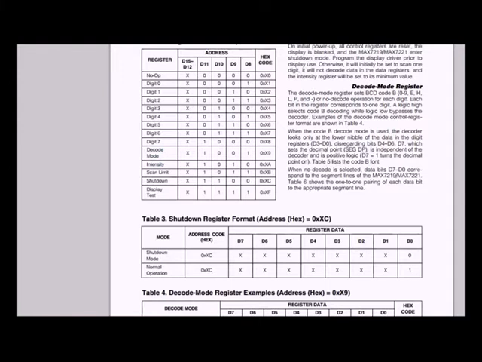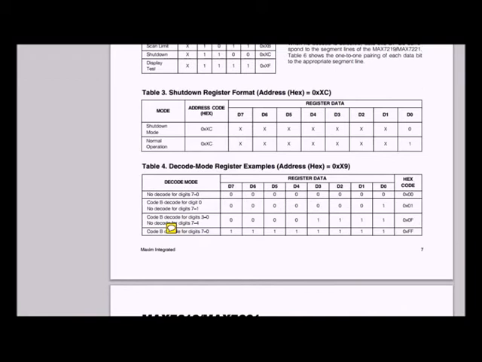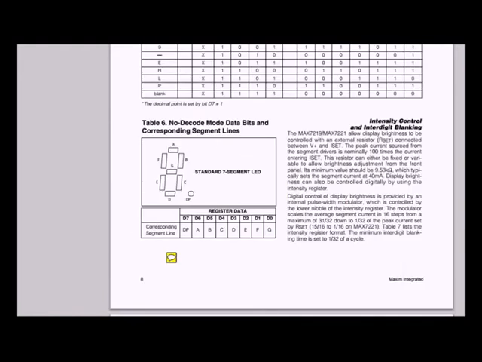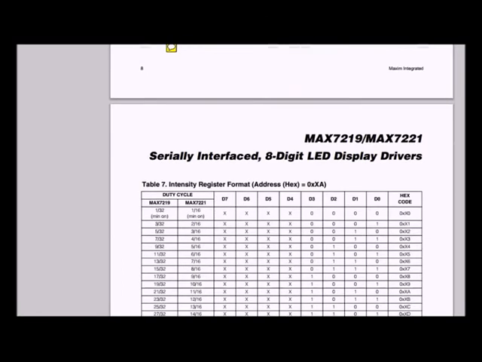Before we can send any patterns to the LED matrix, we have to set these registers and configure it properly. The shutdown mode register is by default in the shutdown mode, so we have to switch it to normal mode, and then we set the decode mode register to no decode because we don't use any 7-segment LED display for decoding.